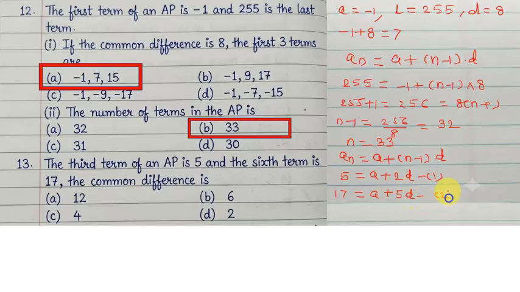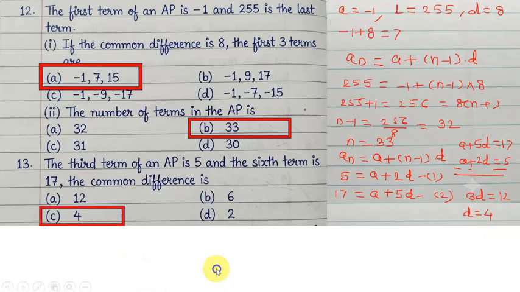We want to find the common difference. If we simplify, equation 2 minus 1: a plus 5d is equal to 17, and a plus 2d is equal to 5. We take the subtraction. Then what do you get here? 3d is equal to 12, and hence d is equal to 4, and hence option C is correct here.